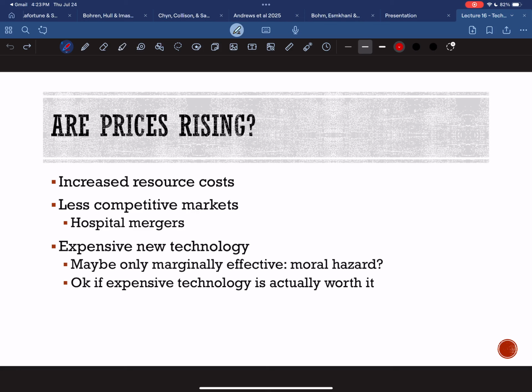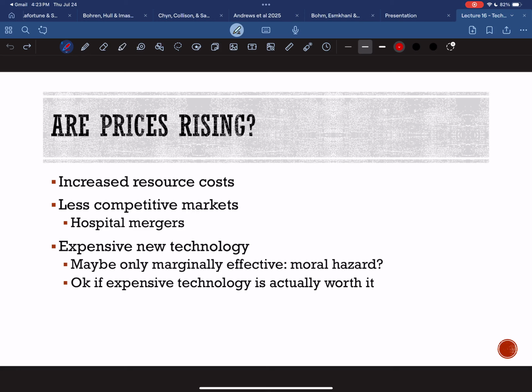At the same time, there are definitely blood thinners that may be a little better than aspirin, maybe, emphasis on maybe, but cost 5 times more or 10 times more, right? And so there are new technologies that are worth it, and then there are new technologies that are only marginally more effective and aren't necessarily worth it.